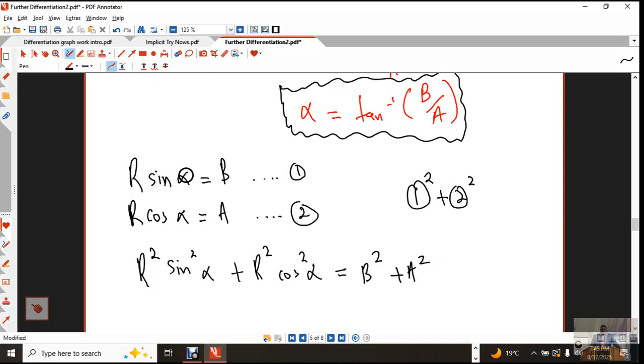So I squared this, I squared that, and I add the two together.